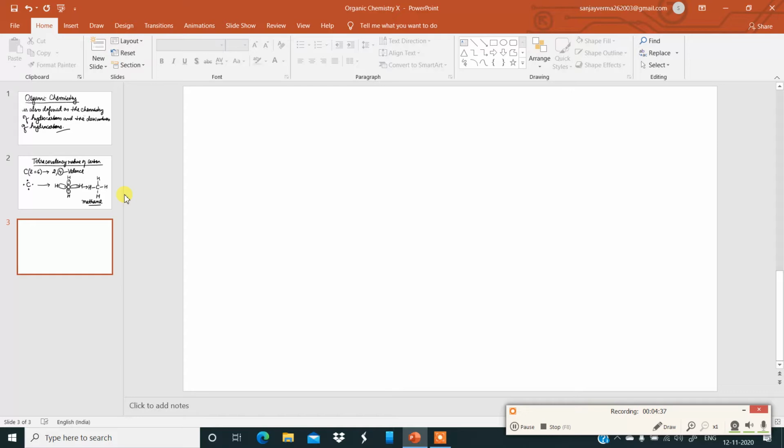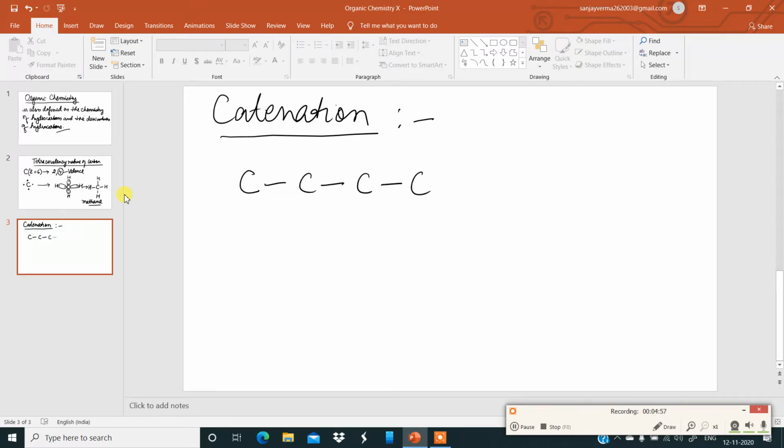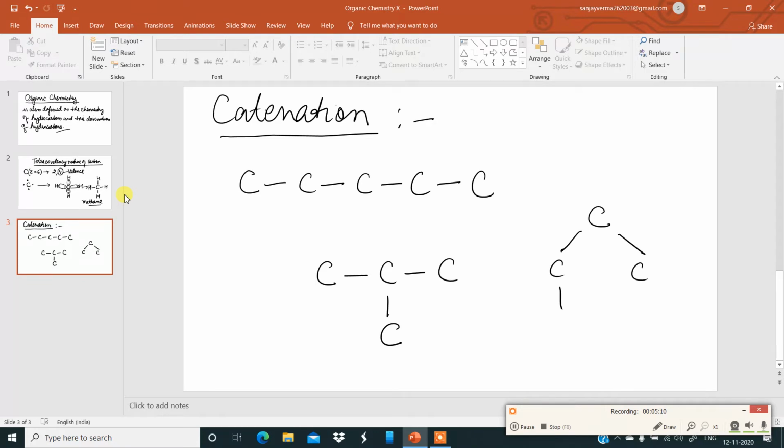Now, the next property towards the unique nature of carbon atom is catenation. Because of the tetracovalency nature of carbon atom, carbon can form carbon-carbon single bonds like this in a straight chain, or it can form branch chains also, or it can form cyclic compounds as well, like this.